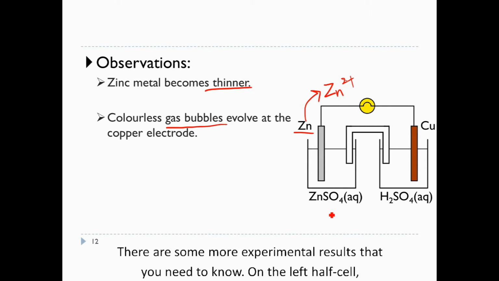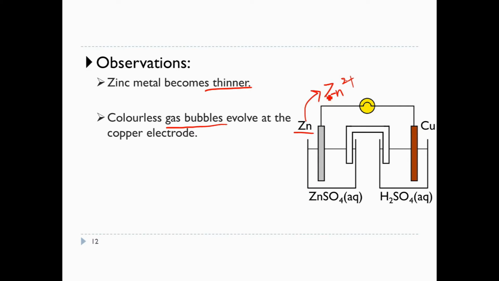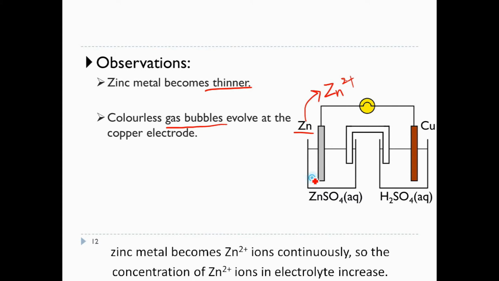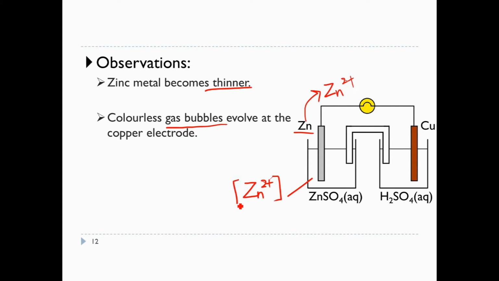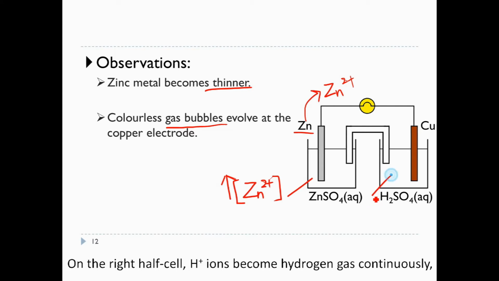There are some more experimental results that you need to know. On the left half cell, zinc metal becomes Zn2+ ions continuously, so the concentration of Zn2+ ions in the electrolyte increases. On the right half cell, H+ ions become hydrogen gas continuously.